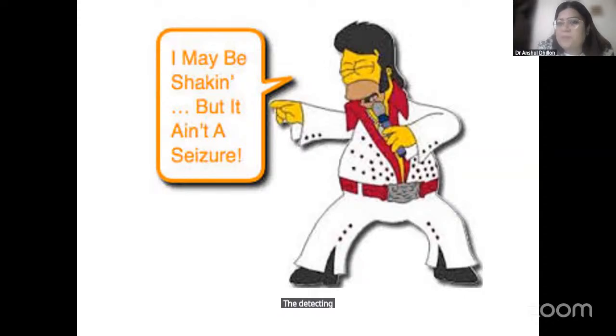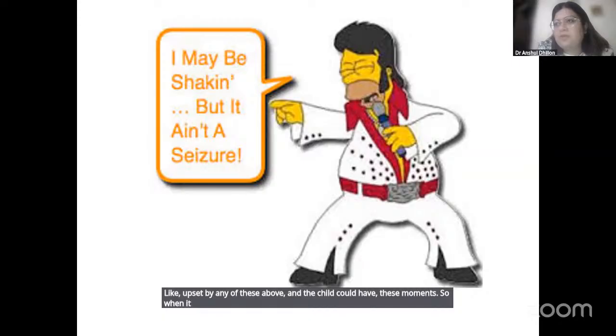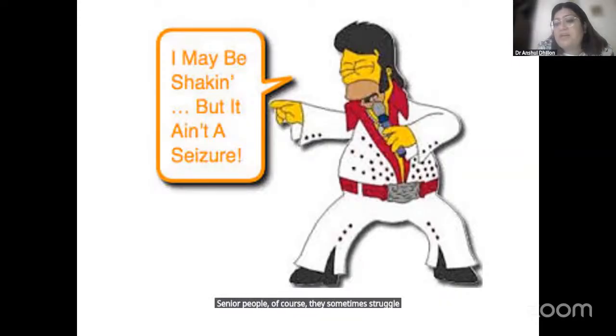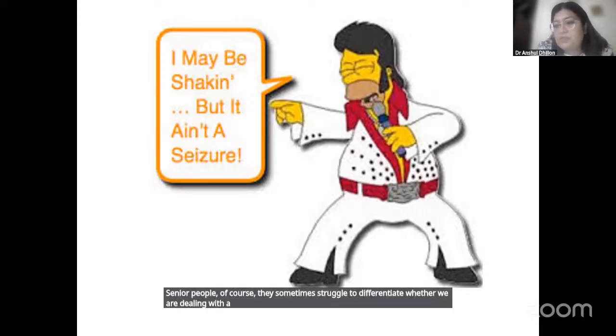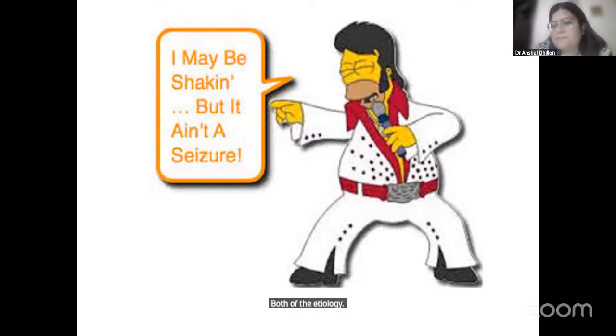So it is sometimes very tough to differentiate, and senior people sometimes struggle to differentiate whether we are dealing with a tonic seizure or dystonia. But taking a detailed history and correlating with the predisposing factors, you can delineate both of the diseases.